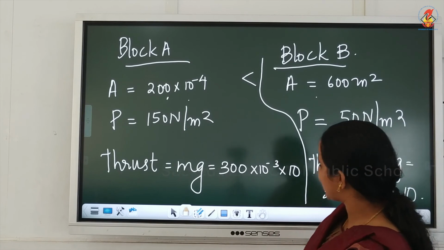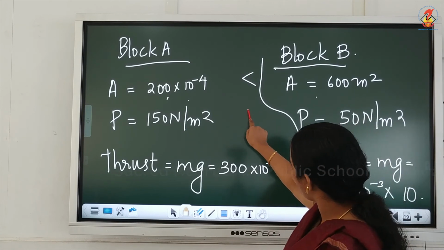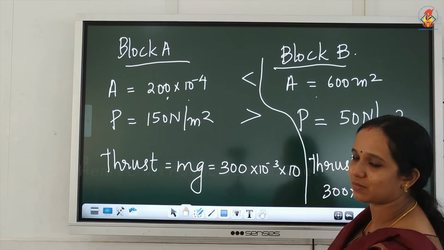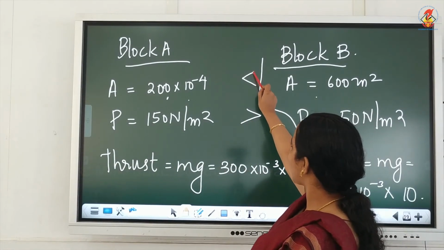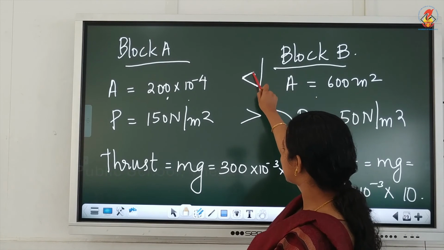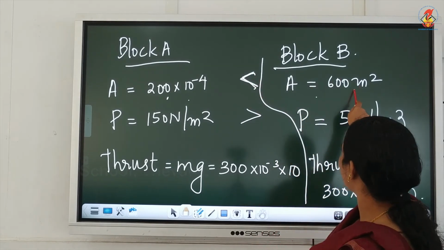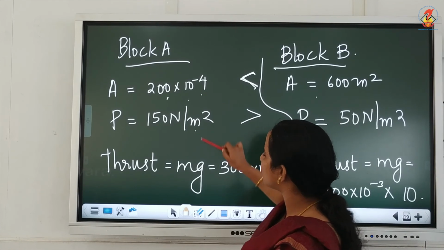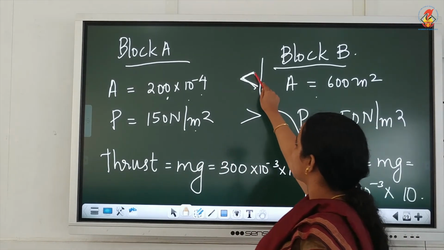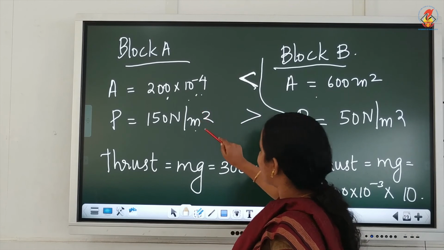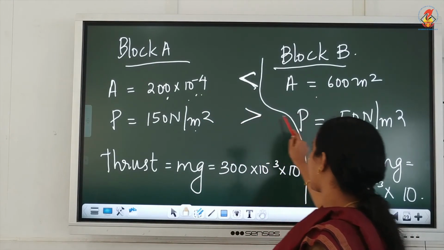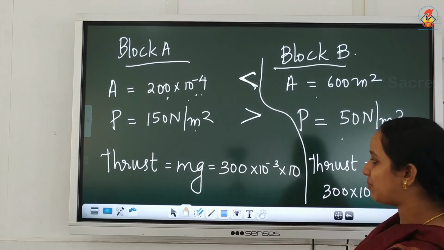Now compare the pressure. Pressure of block A is more compared to block B, because area of block A is less compared to block B. Since area and pressure are in inverse proportion, if area is less, pressure will be more. So pressure exerted by block A is more than block B.